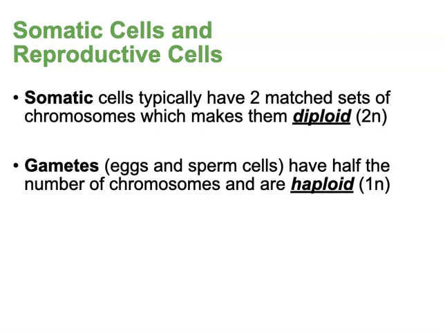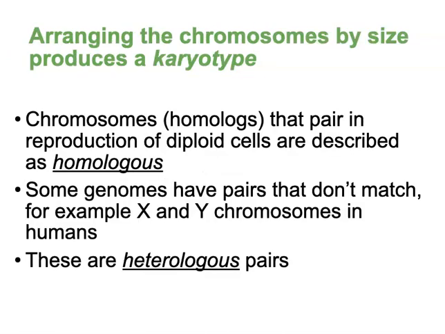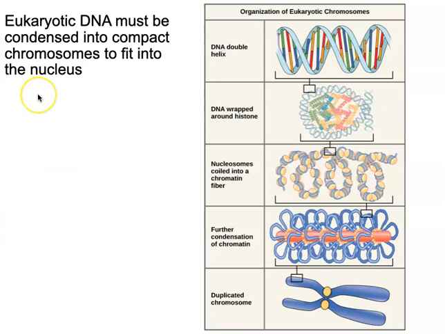So now, why do we actually care about this? Well, we care about this because we arrange the chromosomes by size, and this is the karyotyping I was telling you about, and they're arranged as homologous pairs. But we organize it in terms of, if this is the DNA double helix here, and you can see the sugar phosphate backbones, and here's their representation of A's, T's, G's, and C's. When we need to get it to all fit inside of a nucleus, what we do is we wrap it around these structures that are called histones.